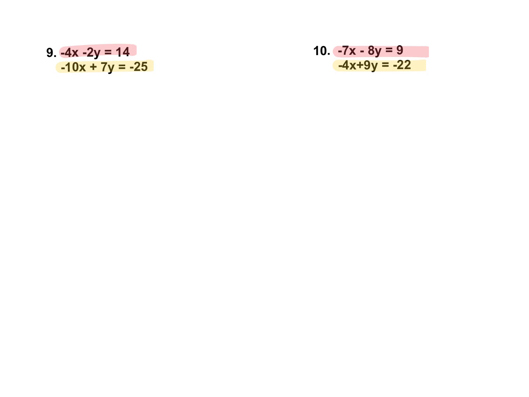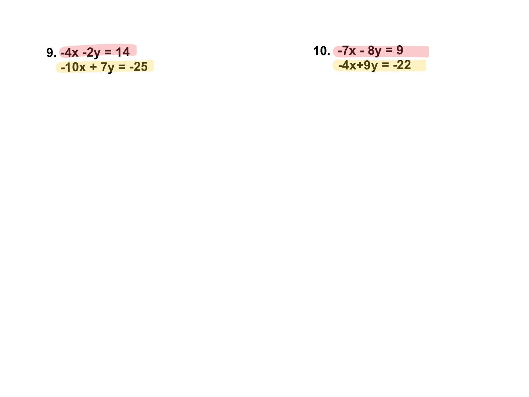So for number 9, we can choose to eliminate x or y, as well as for number 10. Just to switch it up for us, I want you to practice eliminating y for number 9 and eliminate x for number 10. So I'm going to write that as a goal.